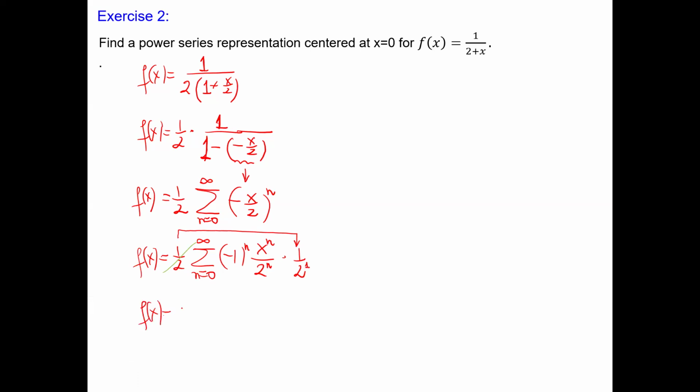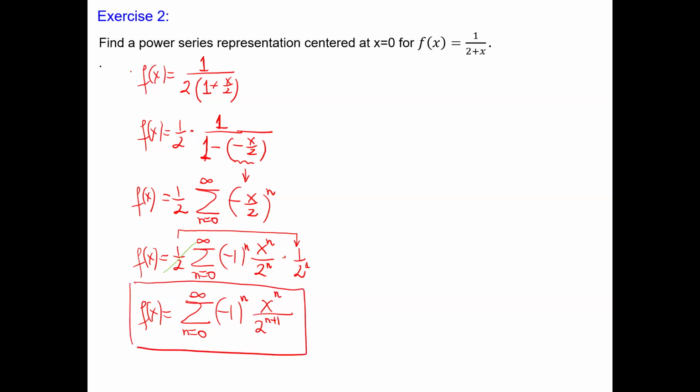We may combine this. This means the final answer is summation from 0 to infinity, negative 1 to the n, x to the power of n, over 2 to the power of n plus 1. Now it looks beautiful. I mean, this is the power series representation.